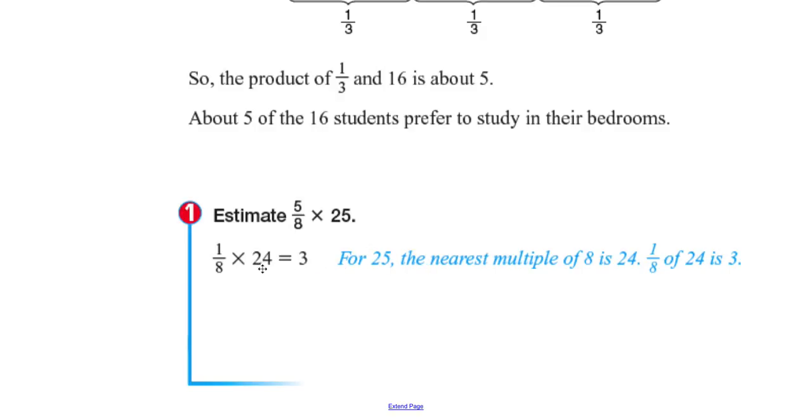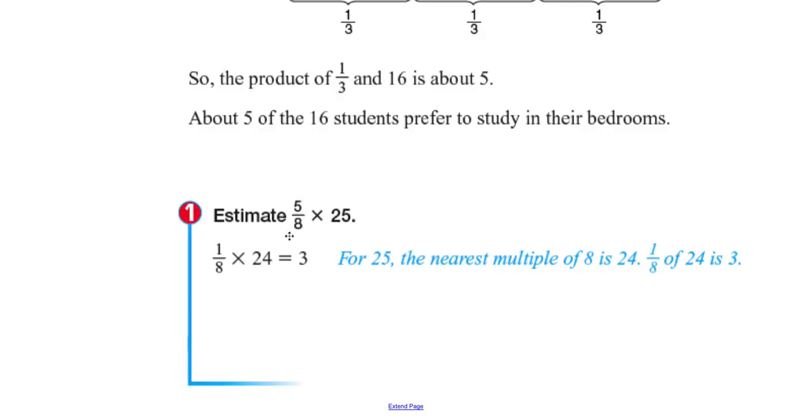So 1/8 of 24, or 1/8 times 24, is equal to 3, because for 25, the nearest multiple of 8 is 24.